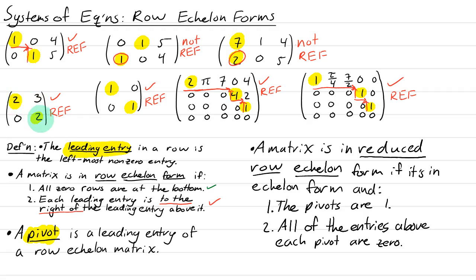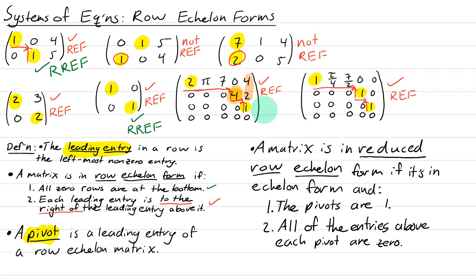This one is in row echelon form, but it's not reduced echelon form because the pivots are not 1. Here, this is in row echelon form, and it's also reduced row echelon form. So I'm going to call it RREF here. And with this one, this has entries above this pivot 1 that are non-zero, and this 4 needs to be not a 4, it needs to be a 1.